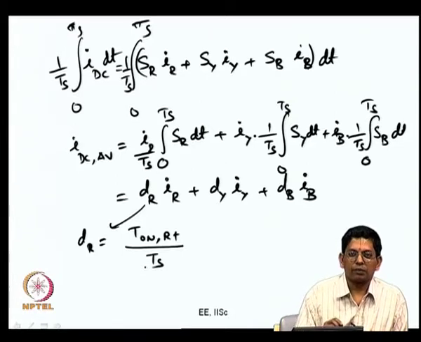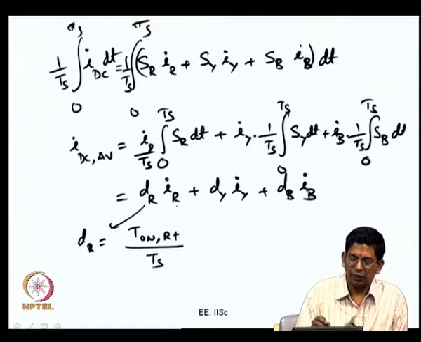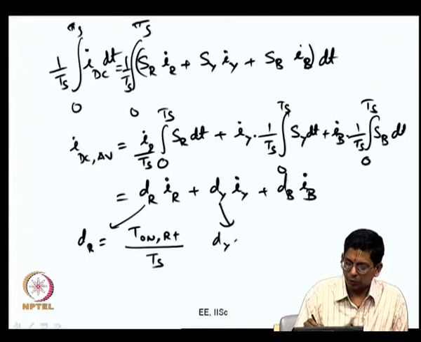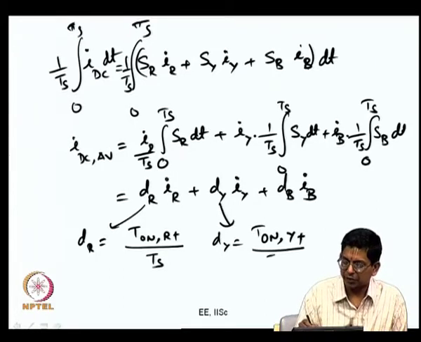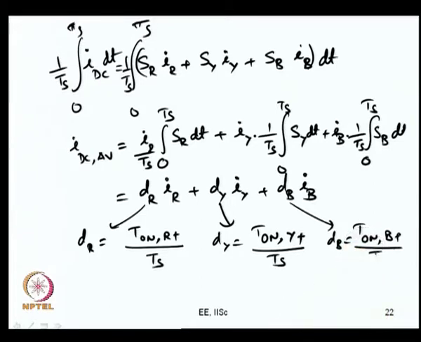Similarly, dY is the on time for the Y phase top device divided by the total subcycle time, and dB is defined similarly as the on time of the B phase top device divided by Ts. And this approach is useful and is very valid.